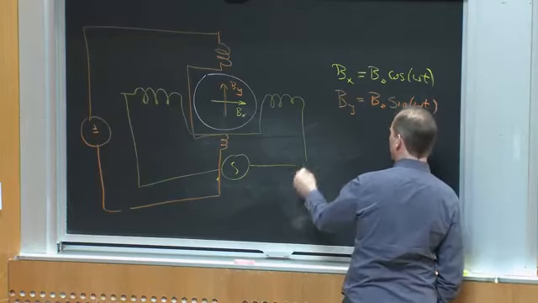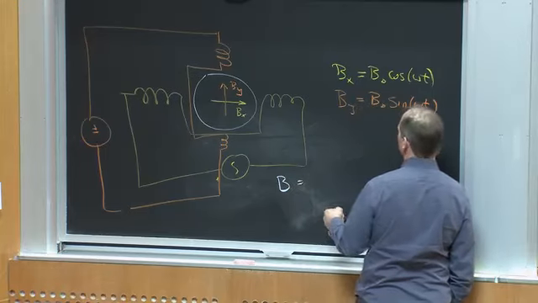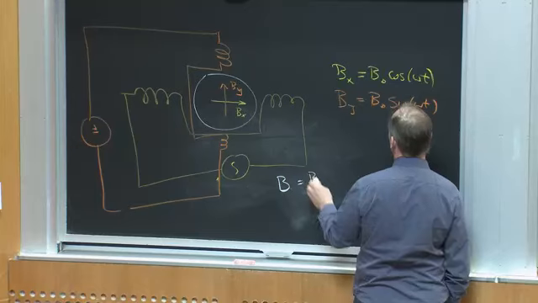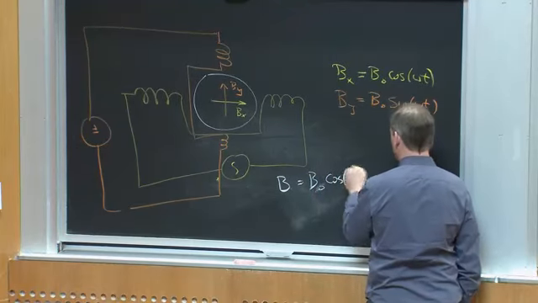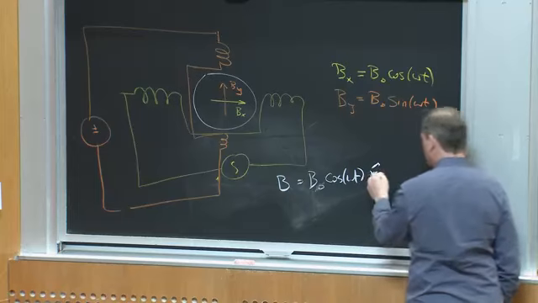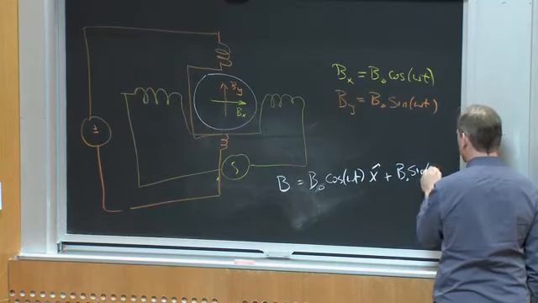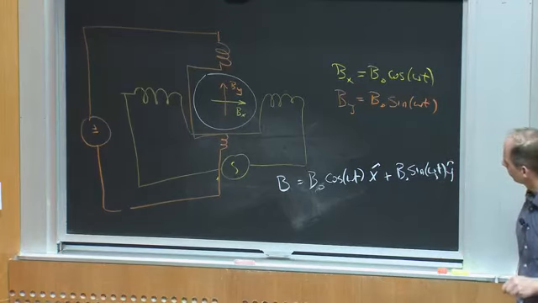I could then get a total magnetic flux density, as I'm drawing it, that's B naught cosine of omega t in the x hat direction, plus B naught sine omega t in the y hat direction, okay?